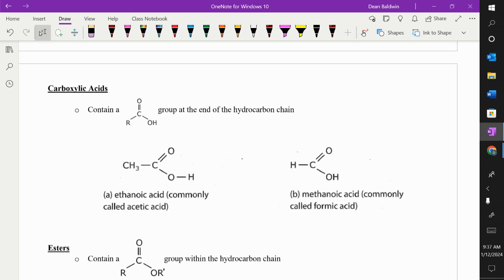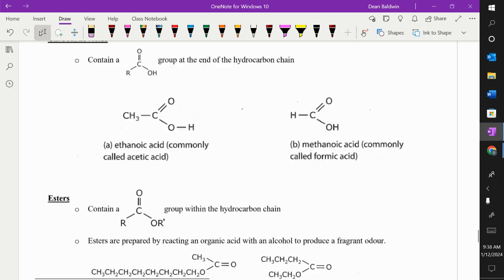It's an organic acid. They're not as strong as the ionic acids, for lack of a better name. This is acetic acid. This is vinegar. It's 2 carbons with 2 oxygens and a hydrogen.